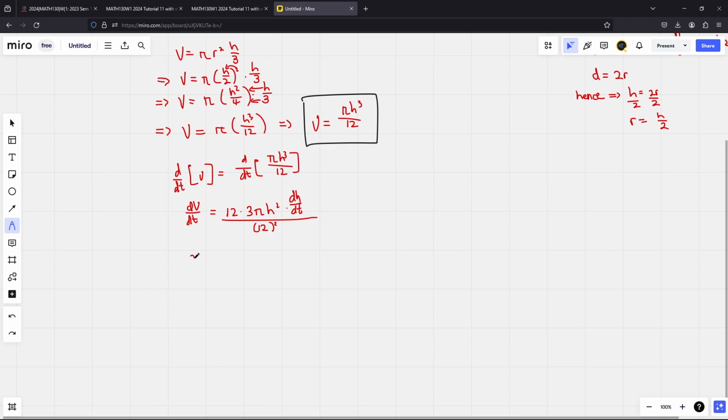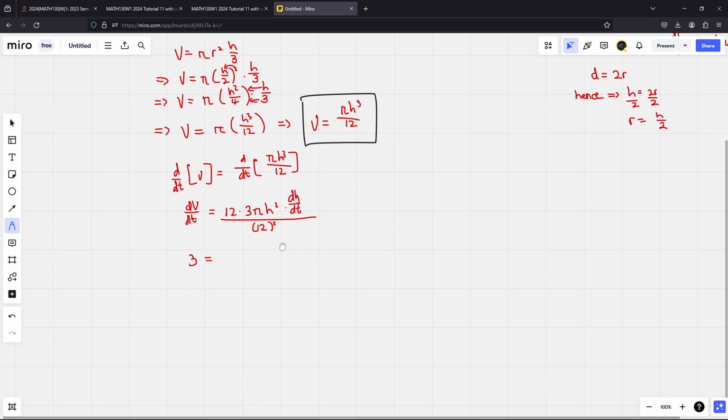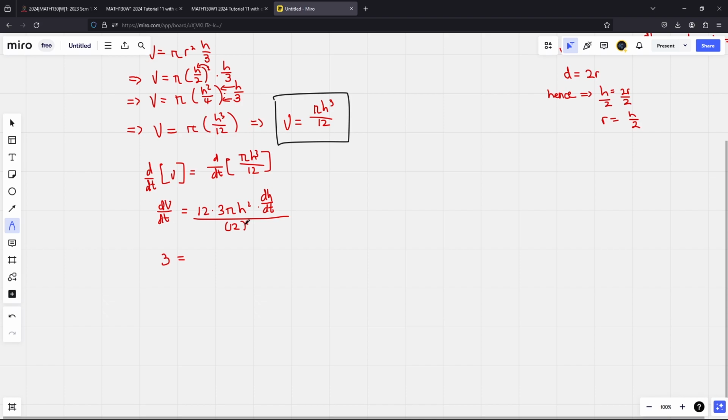So subbing that in, we have 3 is equal to, we have a 12 squared here, so we can cancel with the 12 on the numerator, and we get 3 pi.